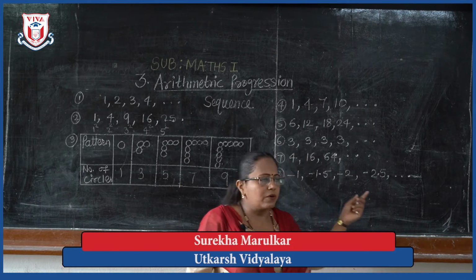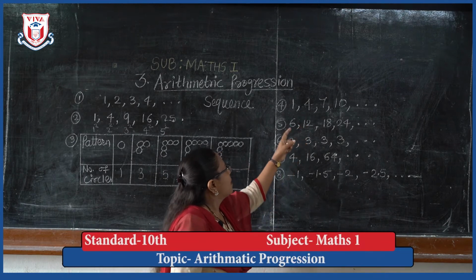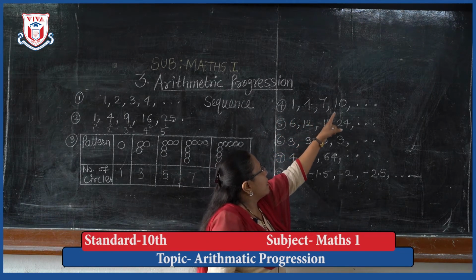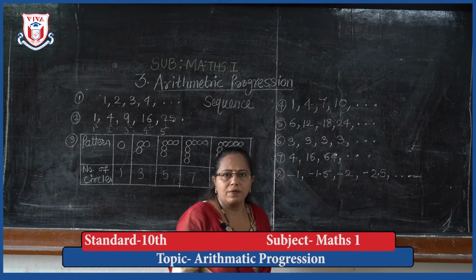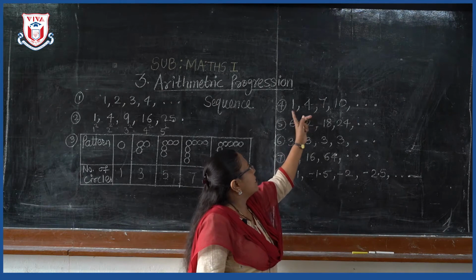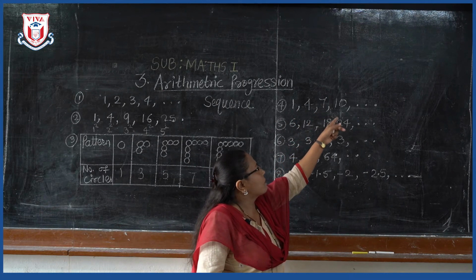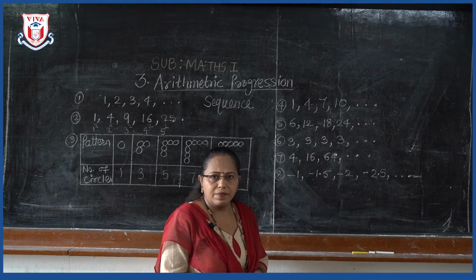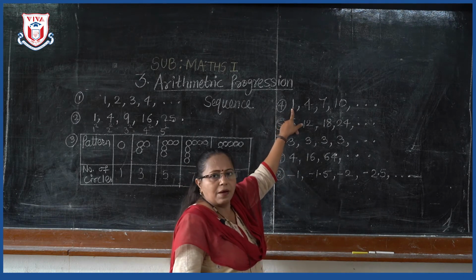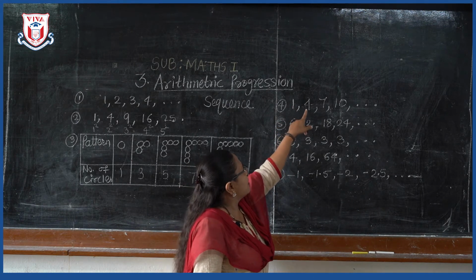Here also I wrote some sequences. Next one is 1, 4, 7, 10 and so on. If you find out what order is there in the consecutive numbers, you can find out the next number. So here the first number is 1, the second is 4.